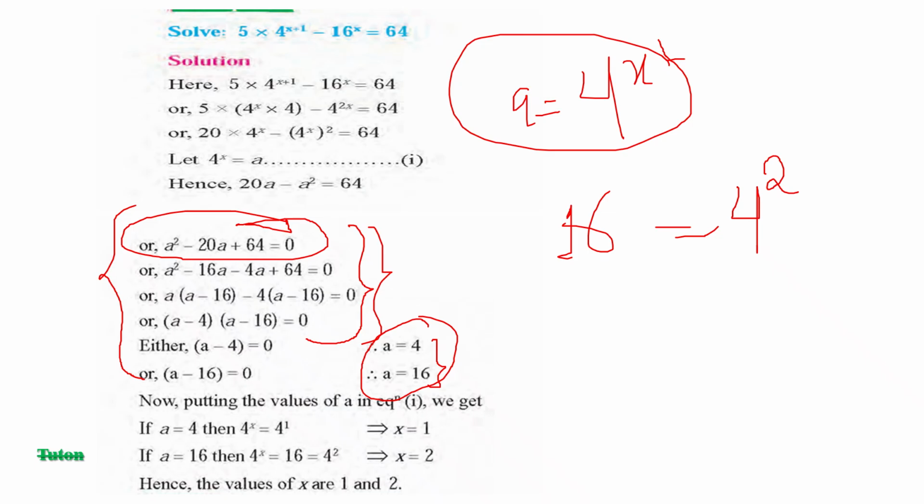To obtain the value for x, we have to replace the value for a with 4 to the power x, and equate the value of a with 4 to the power x and the similar values of 4 and 16 that we have got for a. By equating and an arithmetic operation, we can obtain the value for x as 1 and 2. Finally, we have solved this problem as well.